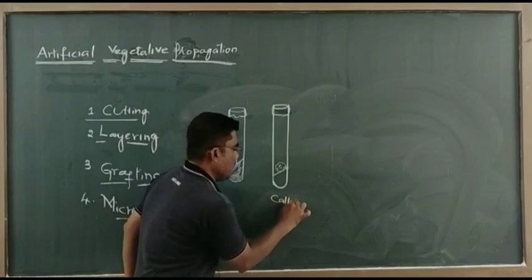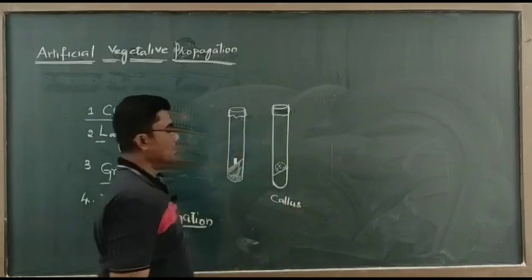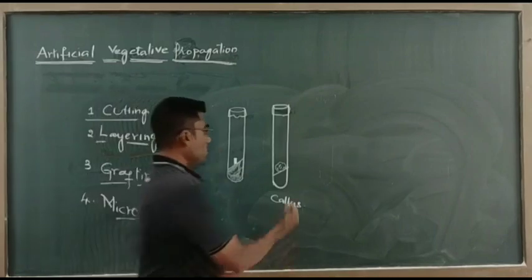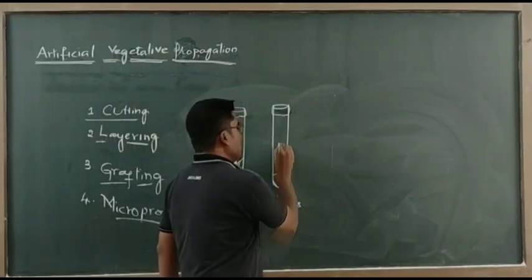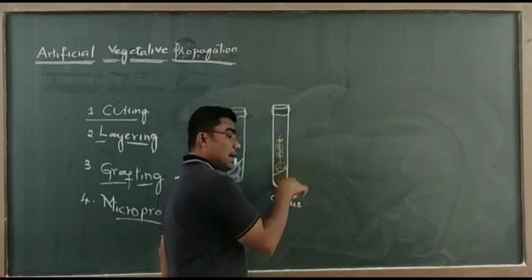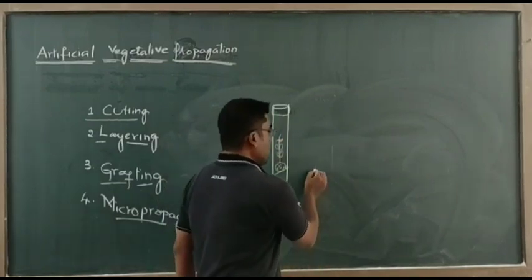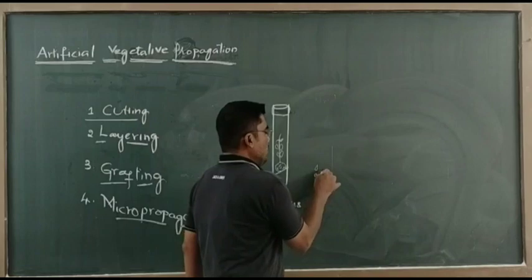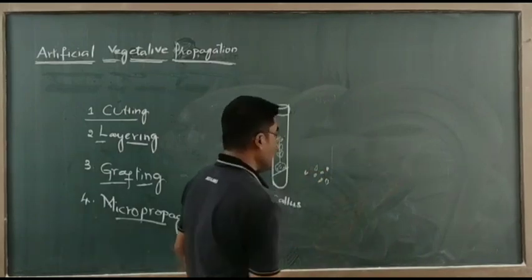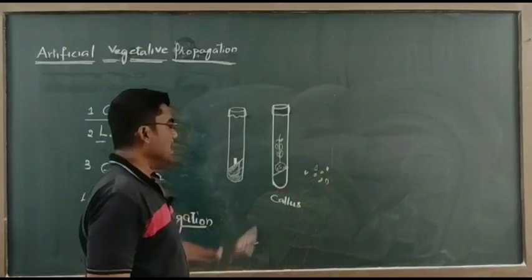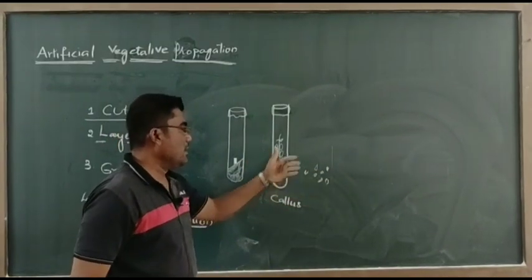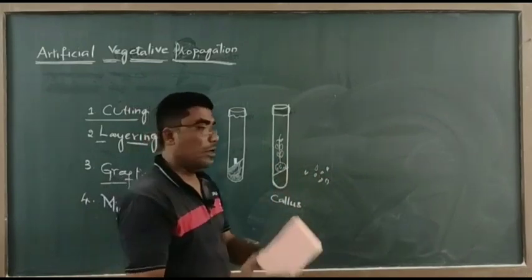There is a formation of callus, and later this callus is allowed to germinate into a new plant body, or otherwise this callus is cut into small pieces. Again each and every piece is transferred into new culture vessels. Like that, culture vessels can be multiplied and callus can be generated in maximum quantity.